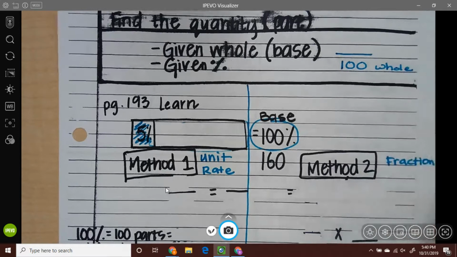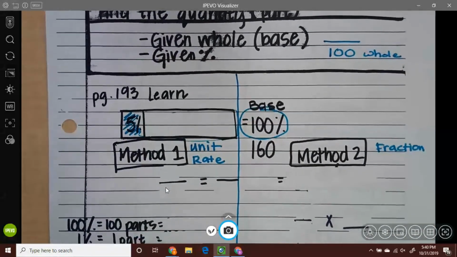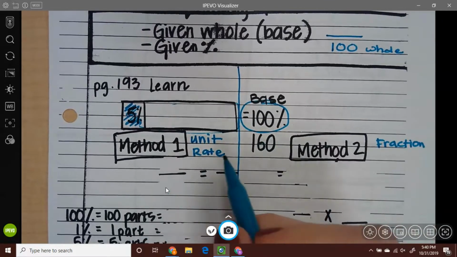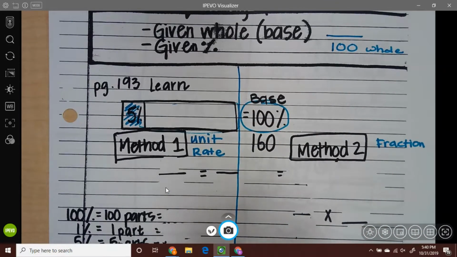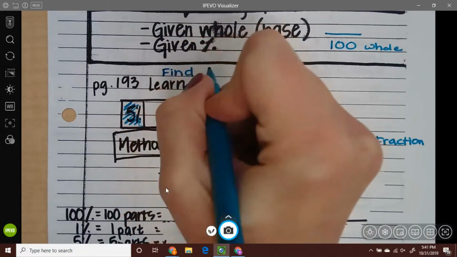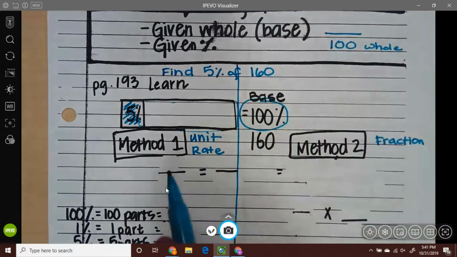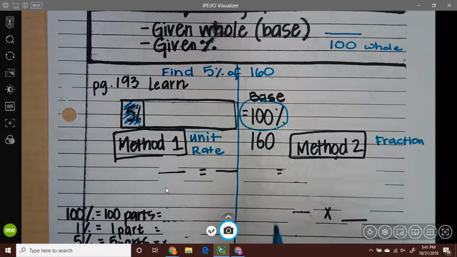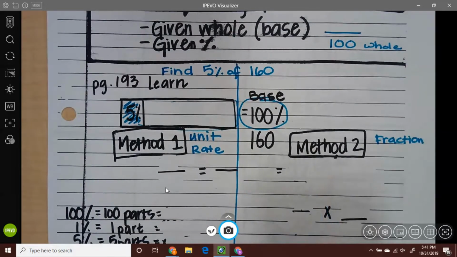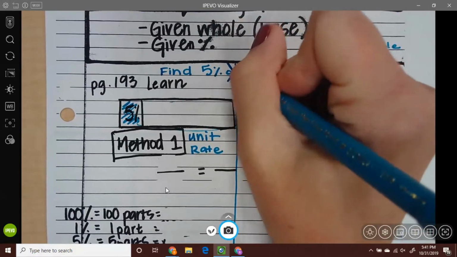And then the problem says, find 5% of 160. Remind your neighbor what of means, what operation we should use. Hopefully your neighbor said multiplication. Okay, so we need to find 5% of 160.